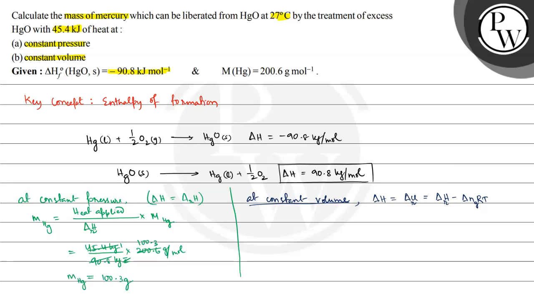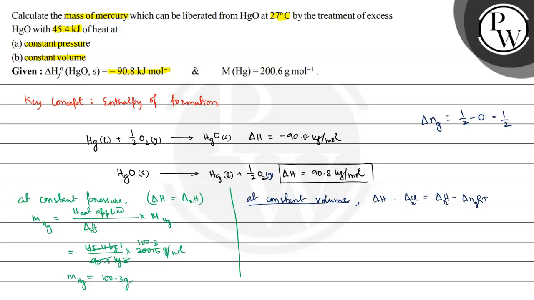Now here we can see that delta Ng will be product side में gaseous product सिर्फ एक ही है, that is oxygen, and the coefficient is half, so 1/2 minus 0, क्योंकि reactant side में कोई भी gaseous reactant नहीं है, so this is 1/2.